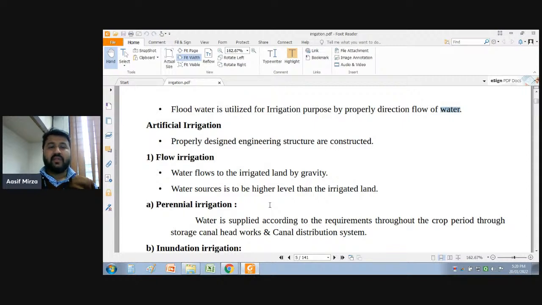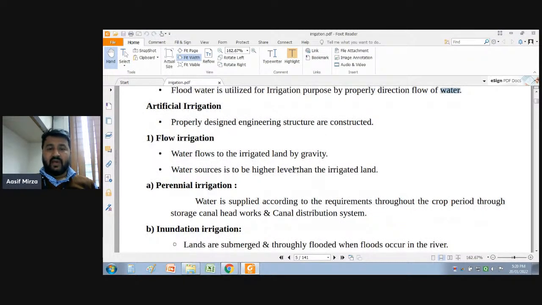So through the gravity, the water flows to the irrigated land, and water source is to be at a higher level than the irrigated land. So as we have to use the gravity for this flow irrigation, it is possible when the water source is at a higher level than the irrigated land.